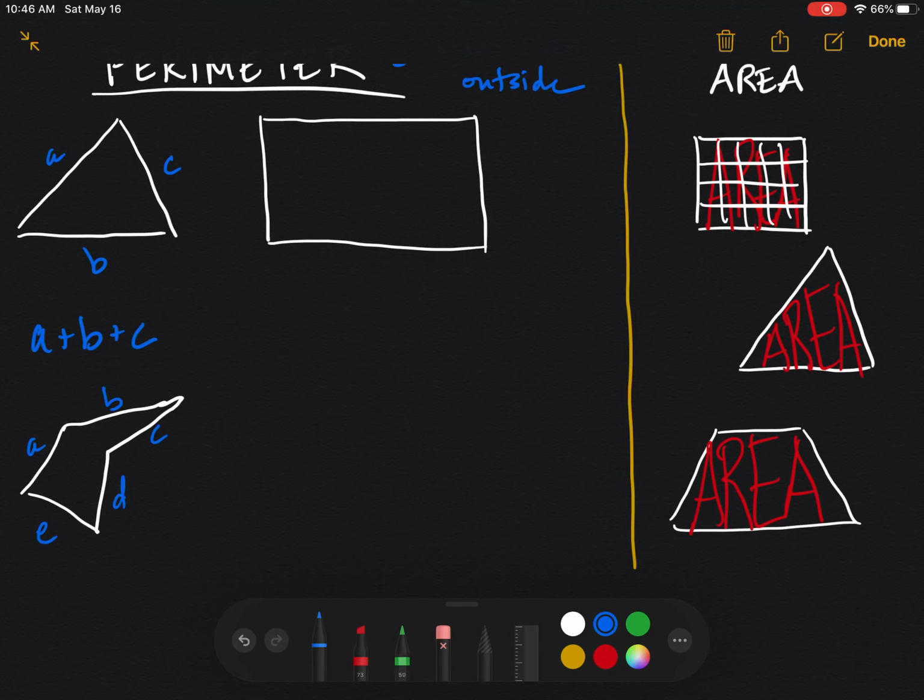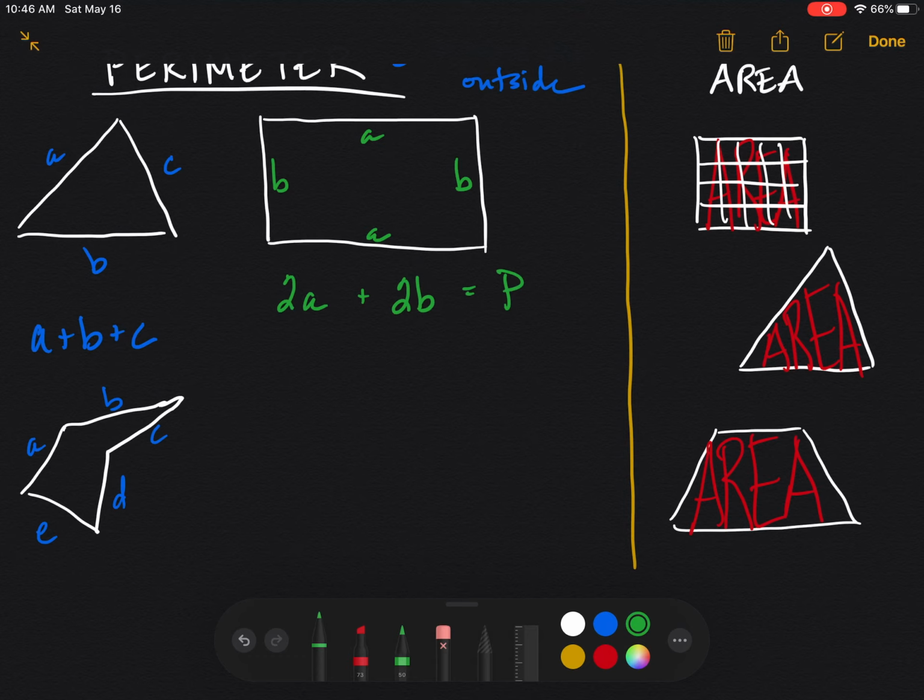Now we know that with a rectangle or with a parallelogram, actually let's just label them A and A, these are the same and these are the same, right? So we can take a little bit of a shortcut and say, I can just do 2A plus 2B, and that's going to give me my perimeter.